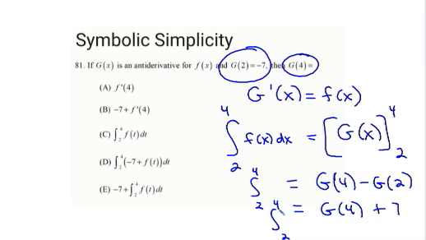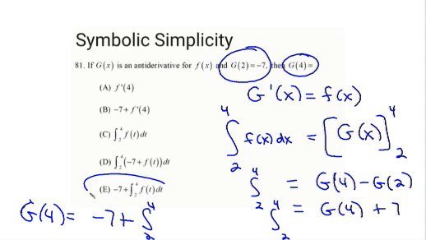All right, so that means that if we do a little bit of algebra, that g of 4 has got to be negative 7 plus the integral from 2 to 4. And we can see that's one of the possibilities here. Right here.